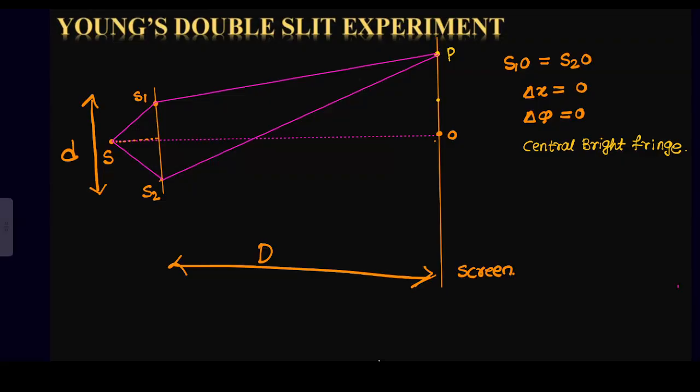If there is a path difference, constructive interference may happen, or destructive may happen. If constructive, we have a bright fringe. If destructive, we have a dark fringe. We need to identify this.